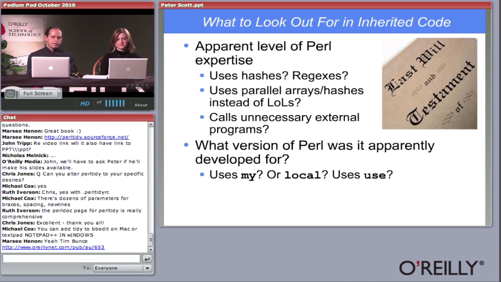What version of Perl was it apparently developed for? Amazing that Perl 5 came out in 1994, and yet there's still this vast amount of code out there that was written for Perl 4, which was only a few years old at the time. Bear in mind, we have a second digit in the version number, and we're now up to Perl 5.13.